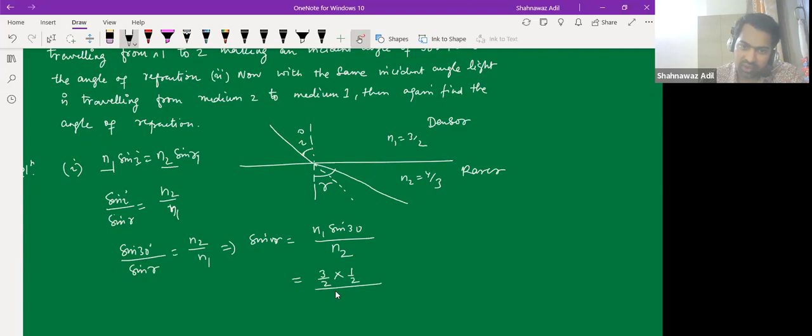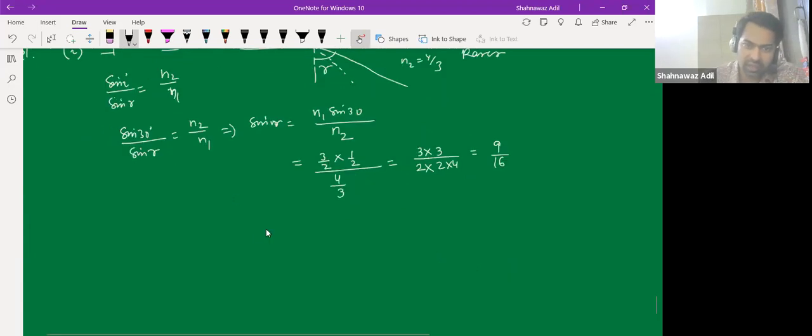And then we have N2 which is 4 by 3. So this 3 will go in the numerator, and the 2 will go in the denominator. So this is 2 and 4 into, right. Then this is 9 by 16.